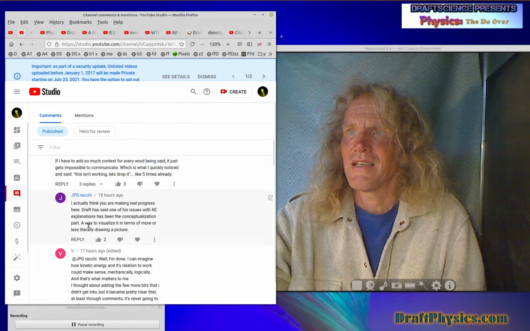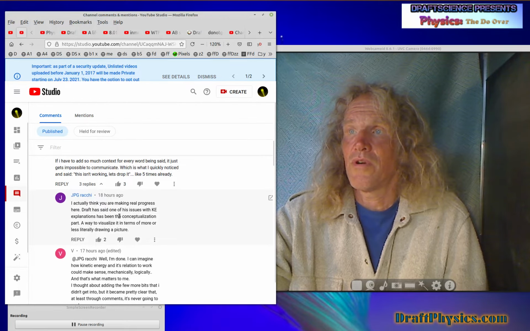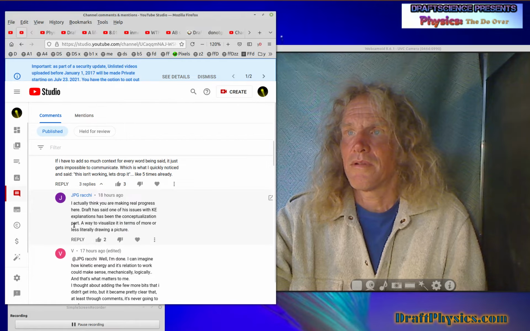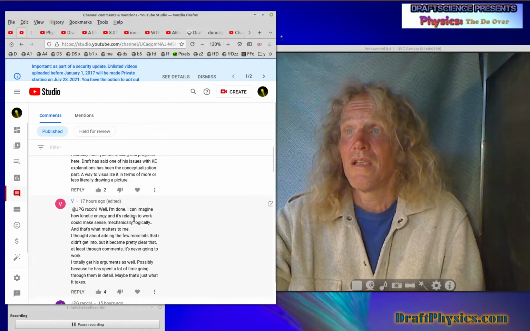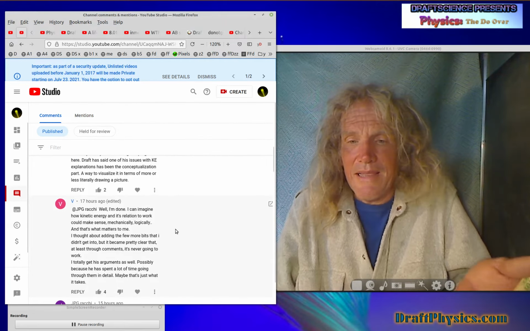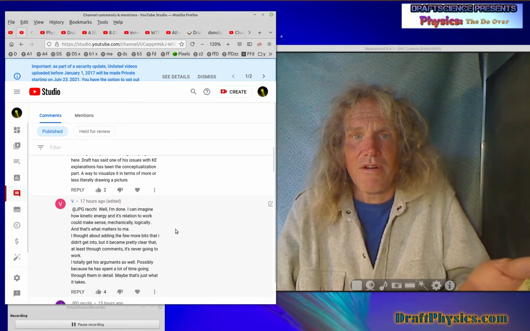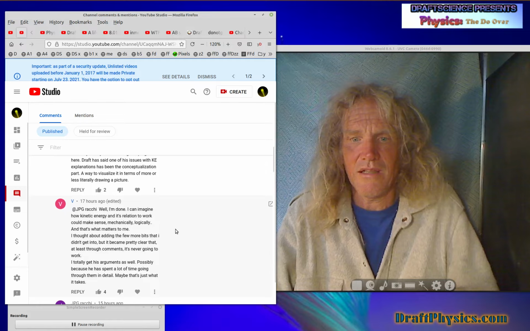So he's just saying that none of his issues with kinetic energy's explanations has been conceptualized, so it's the concept that's wrong. The squaring of the velocity just can't make any sense because it's just arbitrary. It's making a volume that just is totally illegitimate.